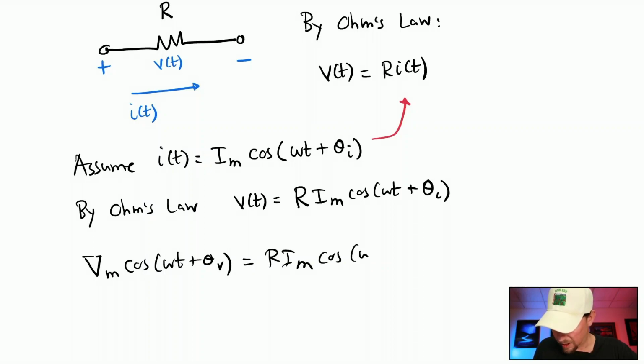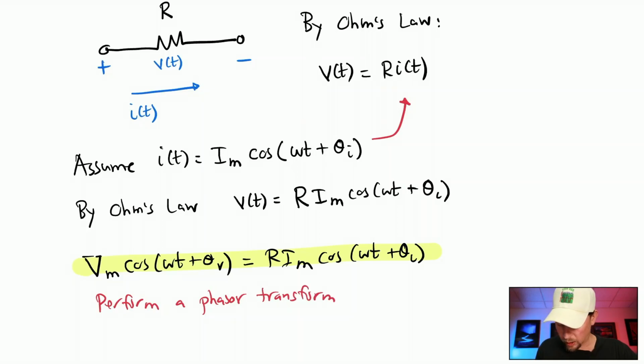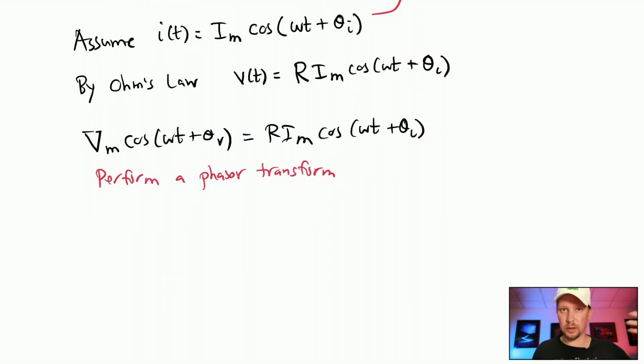Right. And now one of the things that I can do is perform a phasor transform on both of these. And the way I'm going to do it is on the left-hand side, I'm picking off the magnitude and I'm picking off the angle.